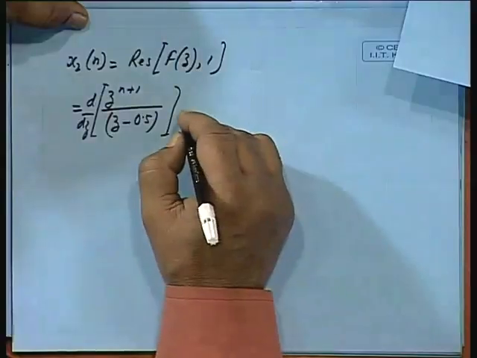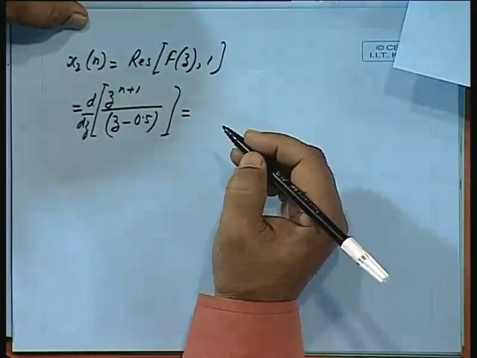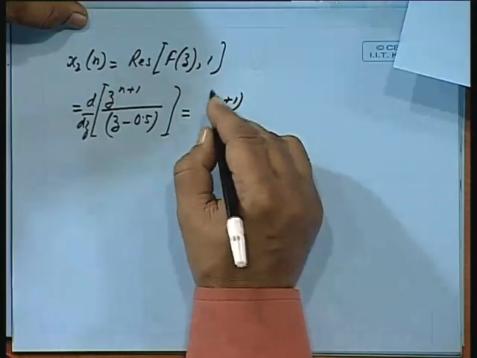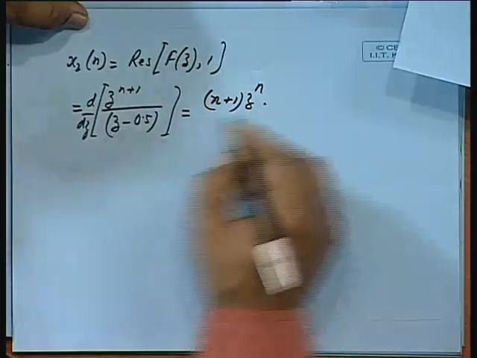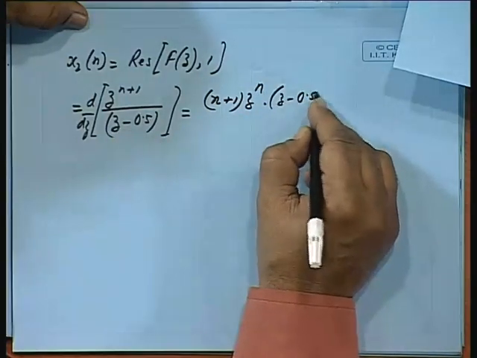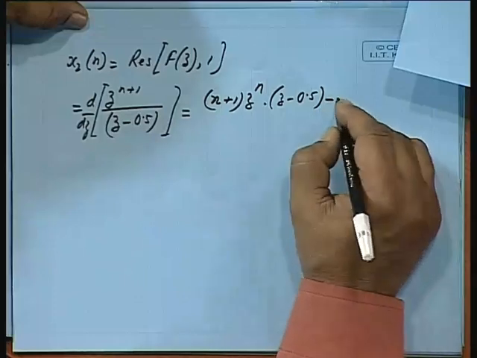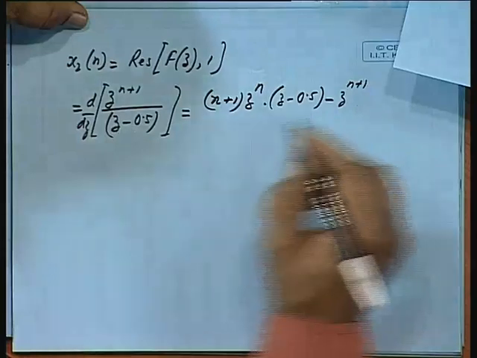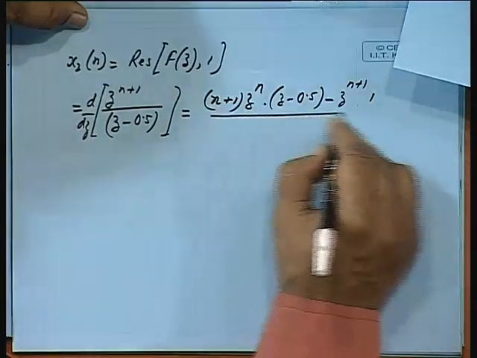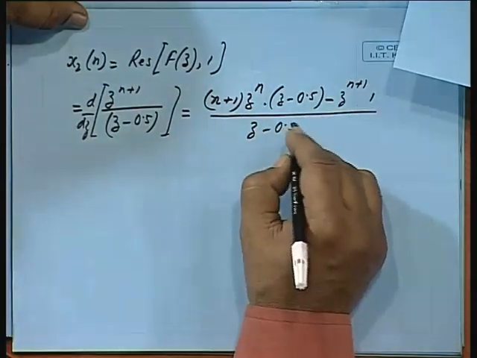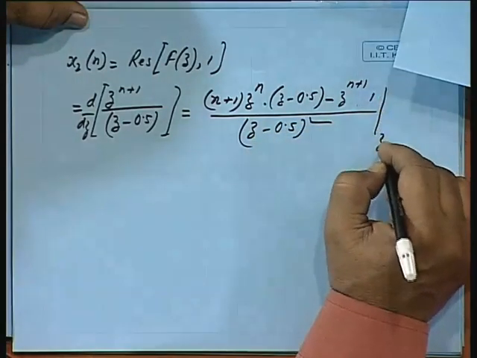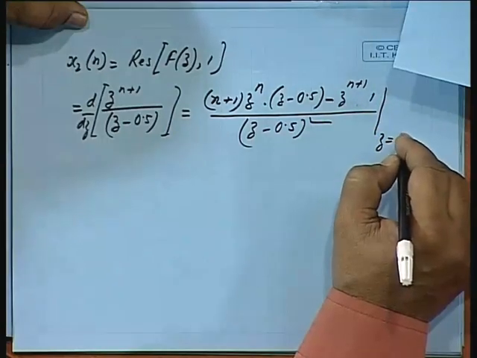So, that gives me n plus 1 into z to the power n into z minus 0.5, minus z to the power n plus 1, the derivative of z minus 0.5 being 1, divided by z minus 0.5 squared, evaluated at z is equal to 1.